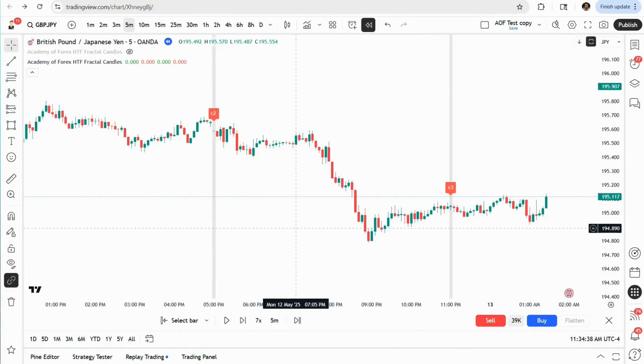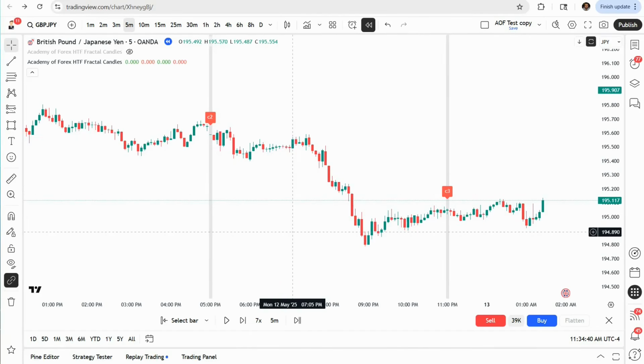This indicator can be used to enhance the win rate of existing strategies or indicators you may be using, like the Academy of Forex indicator, which I did a whole video on, or it can be used just as powerful as a standalone indicator.